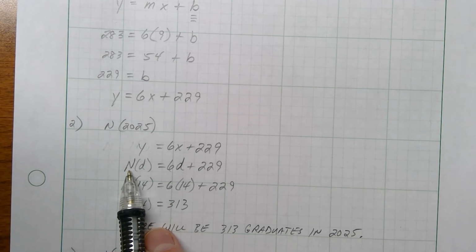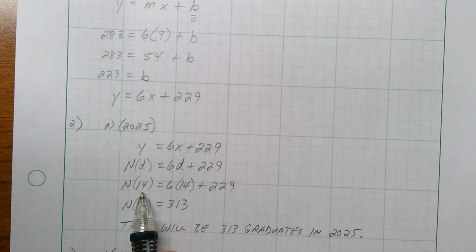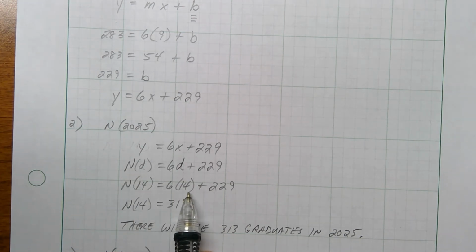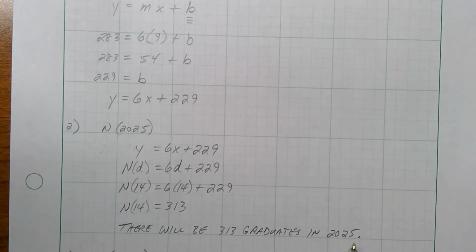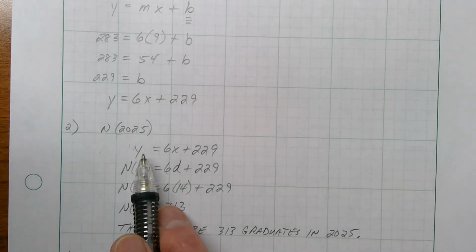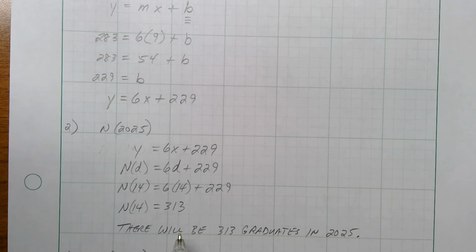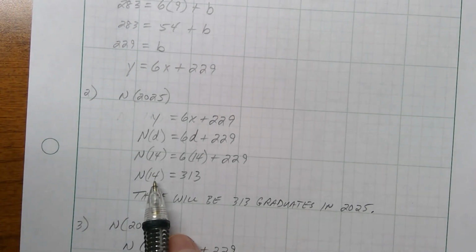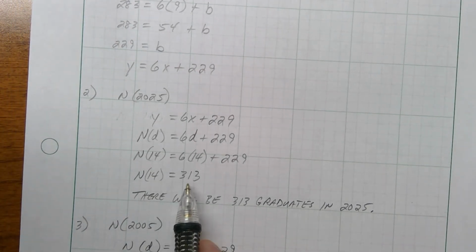So the number of graduates 14 years later is 6 times 14, replacing the D with 14, plus 229. Work it out. The number of graduates 14 years after the first entry in the table is 313. There will be 313 graduates in 2025. You can work it out by hand, or you can put it in your calculator and look in the table for 14's partner.